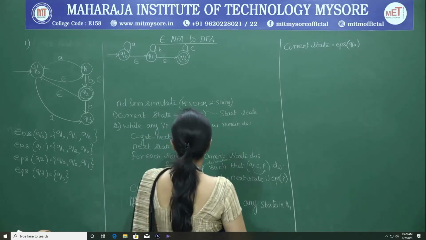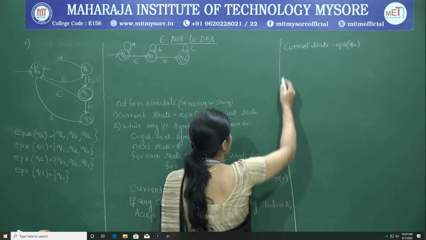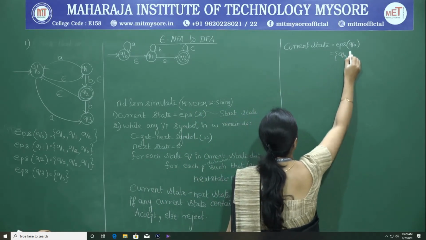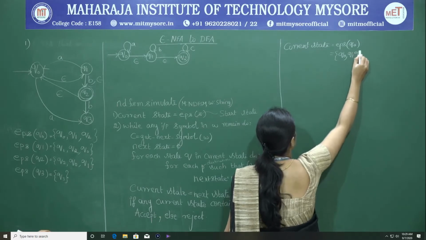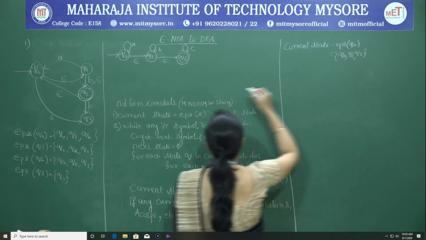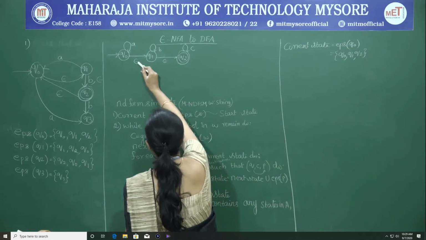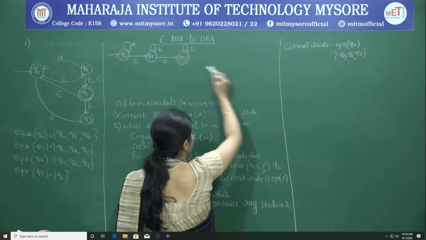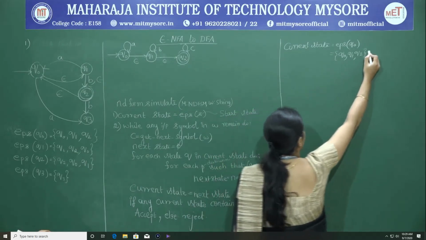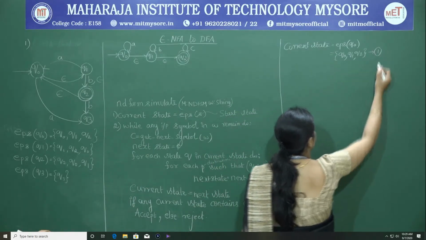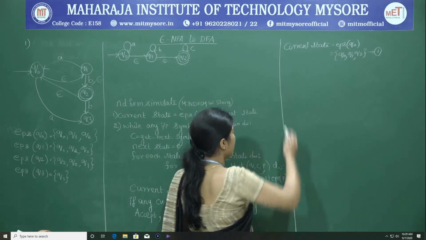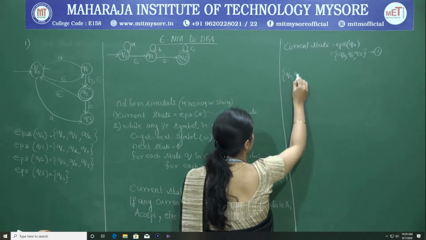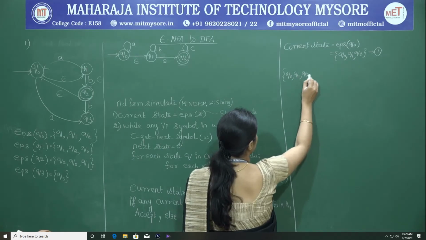EPS of Q0 includes Q0, Q1 and Q2. Q1 and Q2 are reachable on epsilon from Q0. So Q0, Q1, Q2. We will number this as state 1. This is the very first state of the required DFA: Q0, Q1 and Q2.